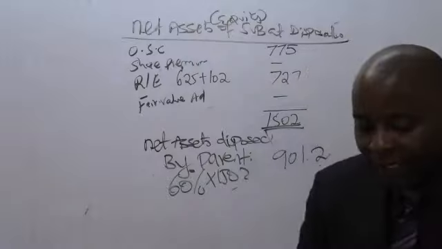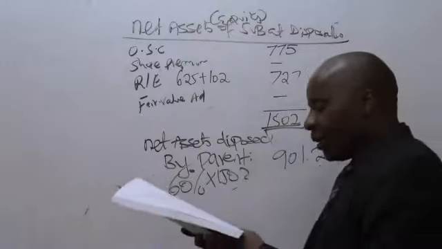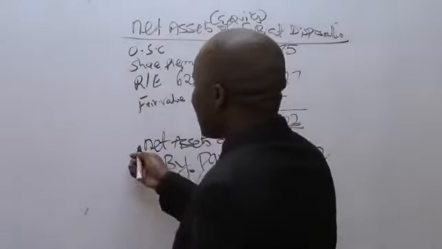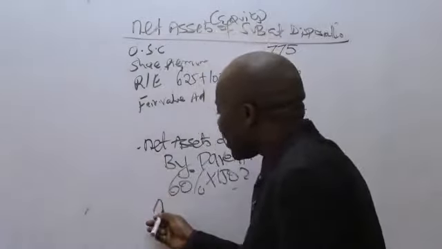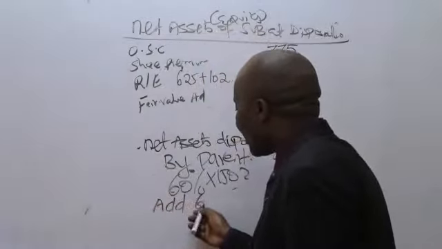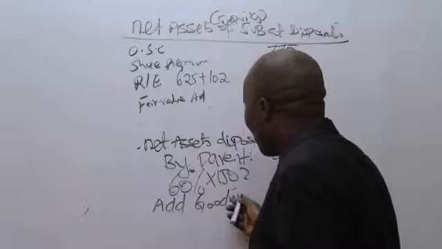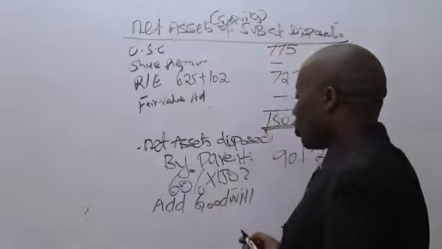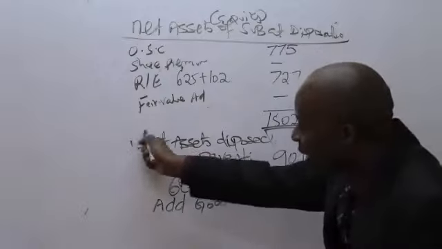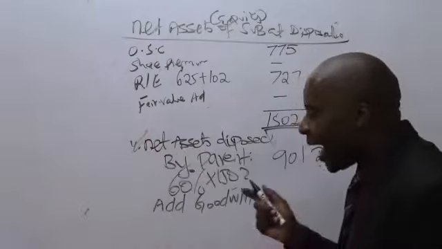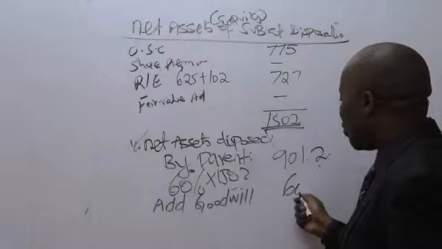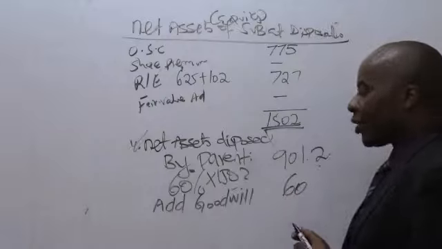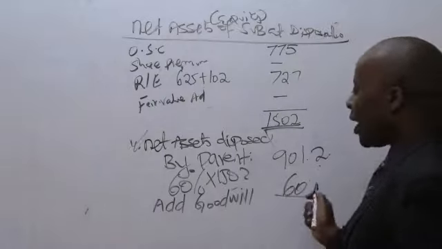These guys had an asset we call goodwill. So at the date of disposal, they had a different asset which is not here. They had an asset called goodwill, worth 60.